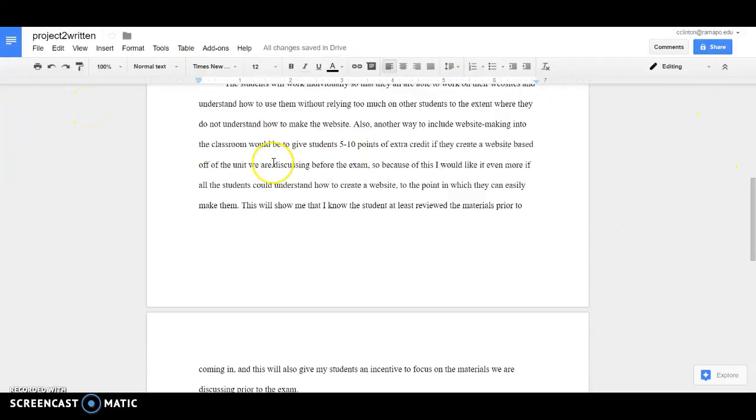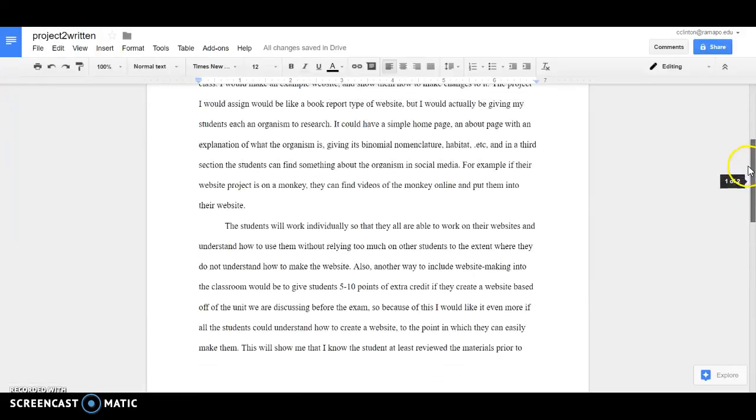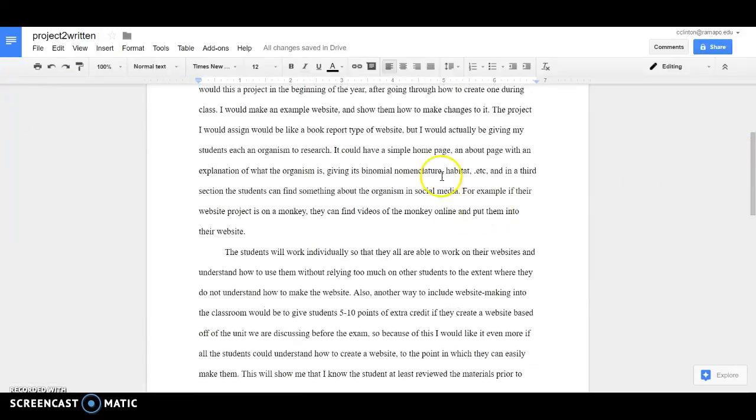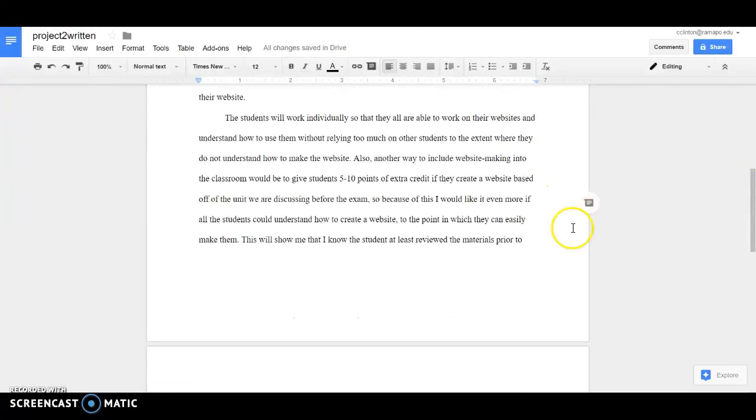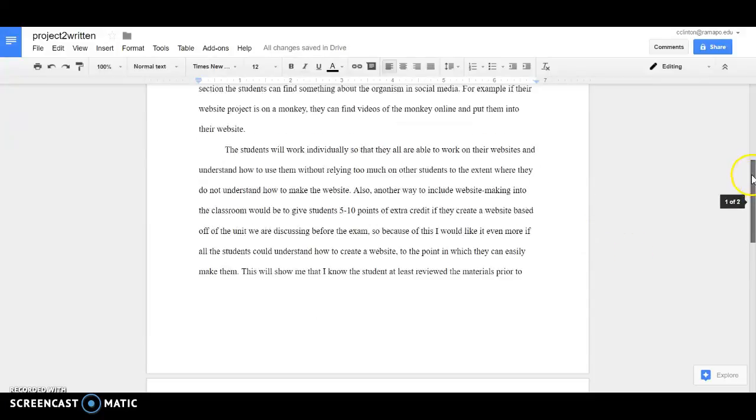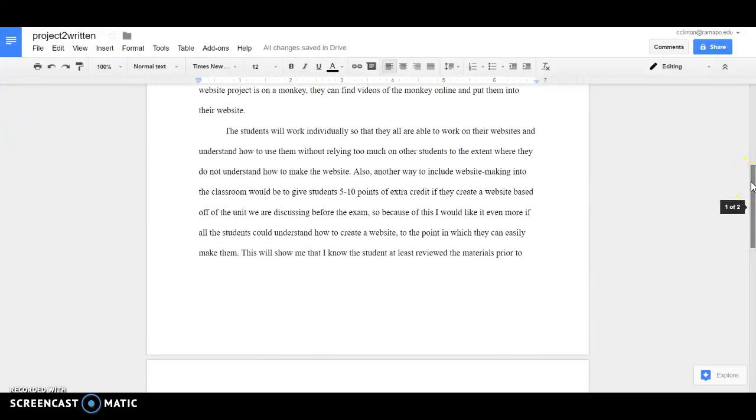They have a website homepage, and then an about page giving information on the animal, like an explanation of what the organism is, its habitat, its eating habits, things like that. And I said that I wanted to do this in the beginning of the year so that I could incorporate this into my class as something they could do in the future.